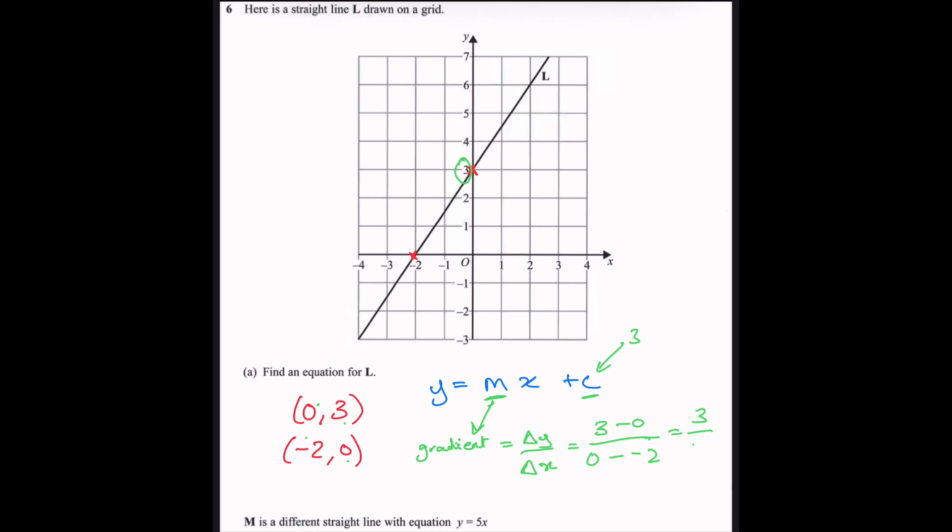So this becomes +2. So my gradient is 3 over 2. So then now I have found m and I have found c. So I can write out the equation y equals 3 over 2x plus, and c is 3. This is the equation of my straight line.